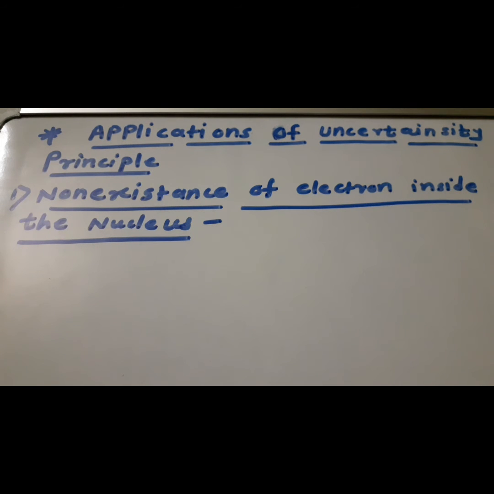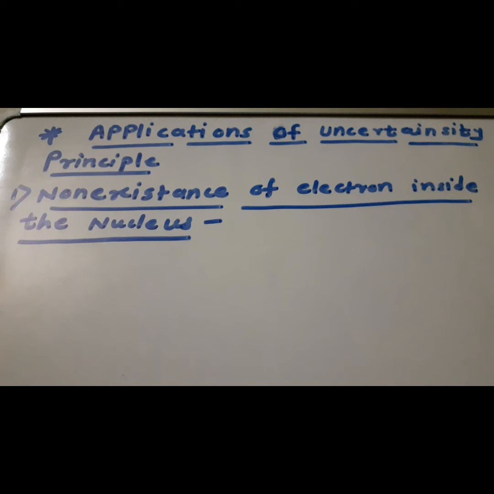All of you know that the nucleus, and in the orbit, there are different electrons situated. When we say the non-existence of the electron inside the nucleus, there is a need for a mathematical proof.